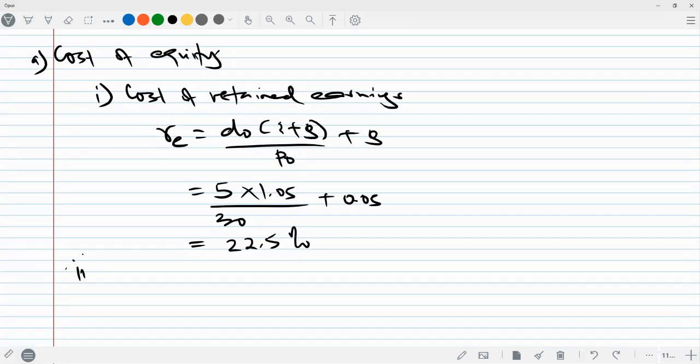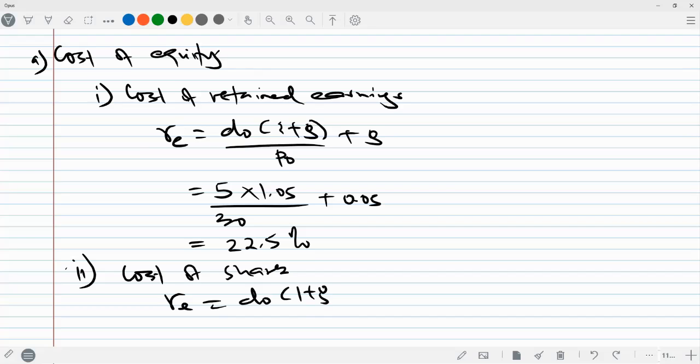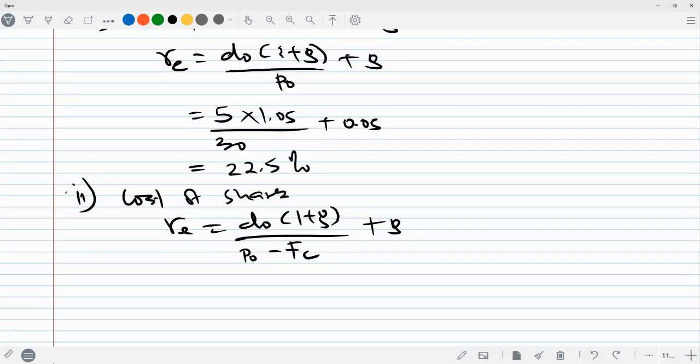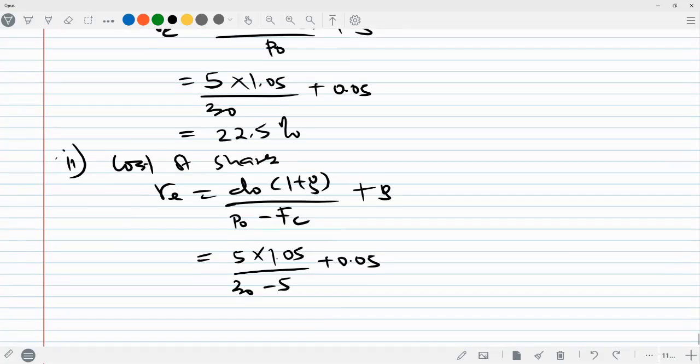Then two, the cost of issuing shares. The same process: D naught (1 plus g), but this time we are issuing them to the market, therefore there will be an issue cost. It will be P naught minus flotation cost, plus g, because these are shares issued in the market, and in the process there's some cost the company incurs. Therefore it will be 5 times 1.05 divided by 30 minus 5, plus 0.05, to give us how much?